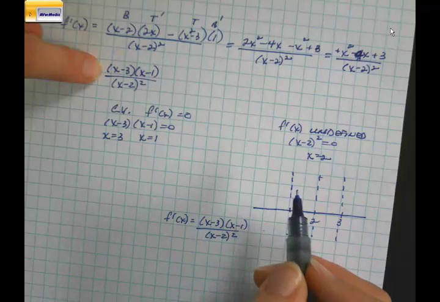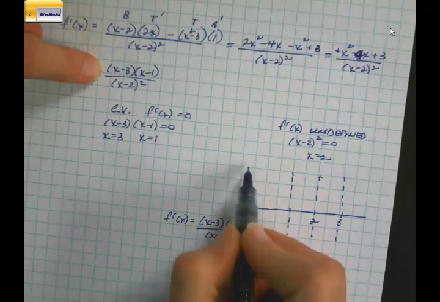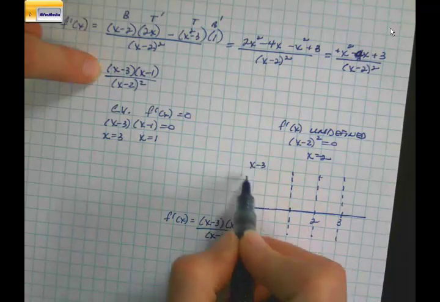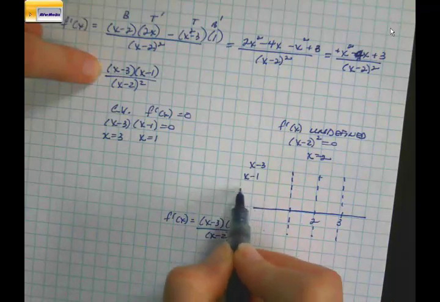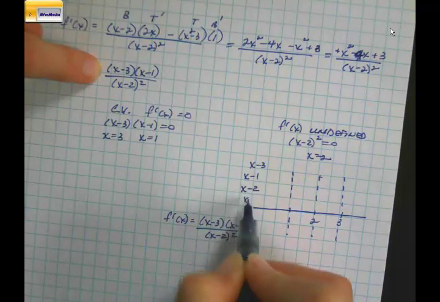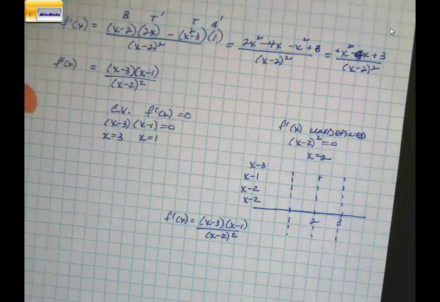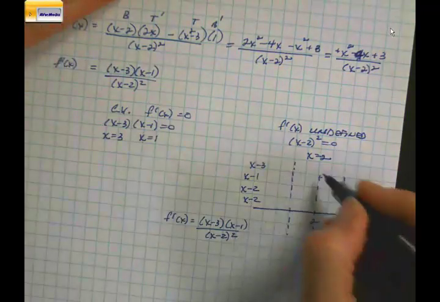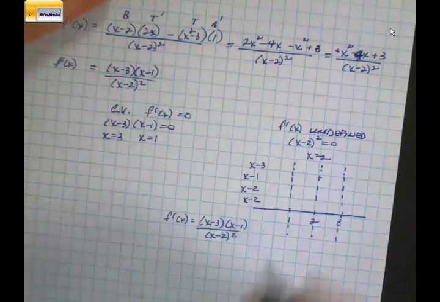So you're going to have a factor of x minus 3, a factor of x minus 1, and a factor of x minus 2 times x minus 2. I guess that's the best way of writing it.